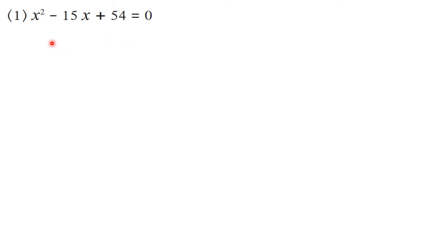So what we can observe here is, yes, the given equation is in standard form. Now the next step is to multiply a and c, that means coefficient of first term into coefficient of last term. That means 1 into 54, that is equal to 54.